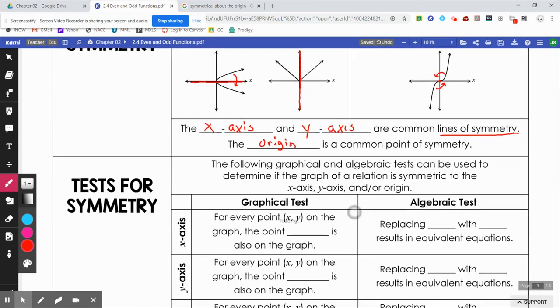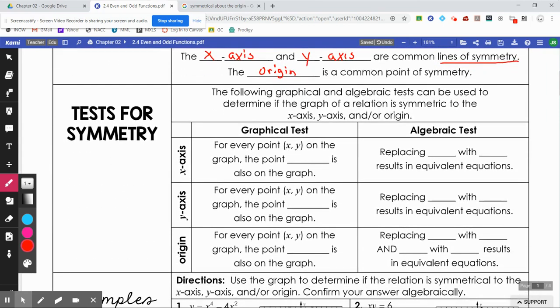So now let's see some tests for how we can tell if graphs are symmetrical. Now these go back to geometry, and we talked about this exact same stuff in geometry when we discussed transformations and when we were doing (x, y) transforms into (-x, y) and all those. That's all these are. It's the exact same material.